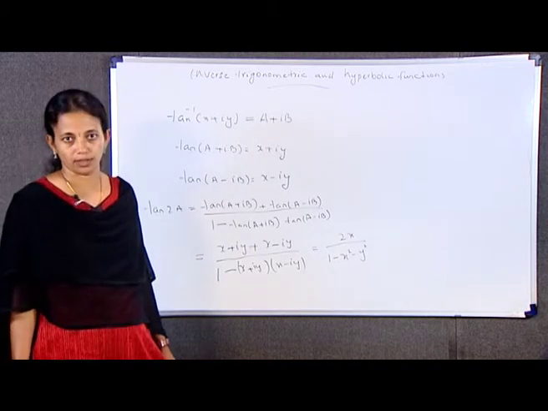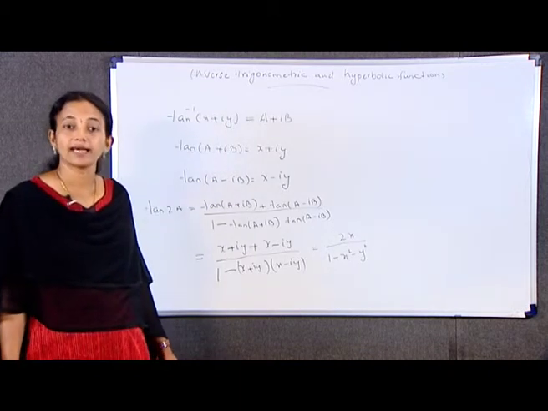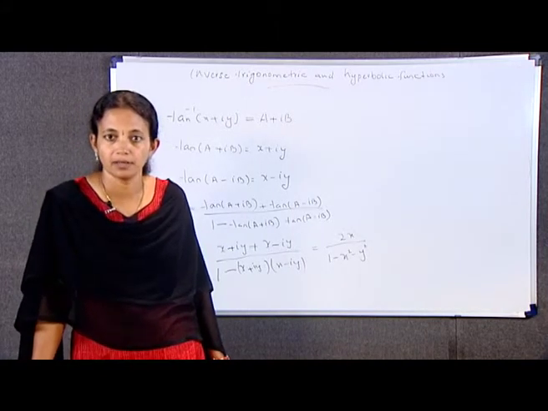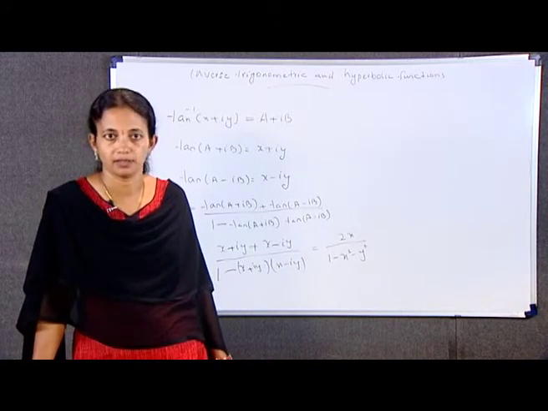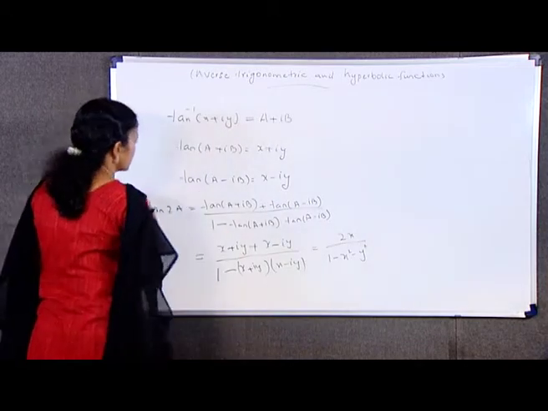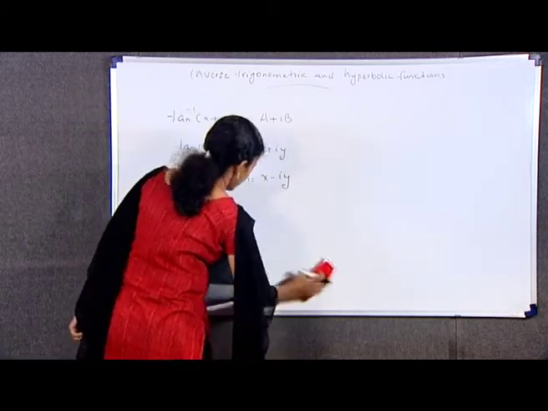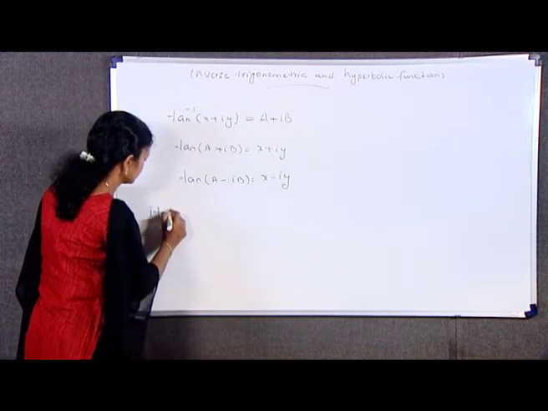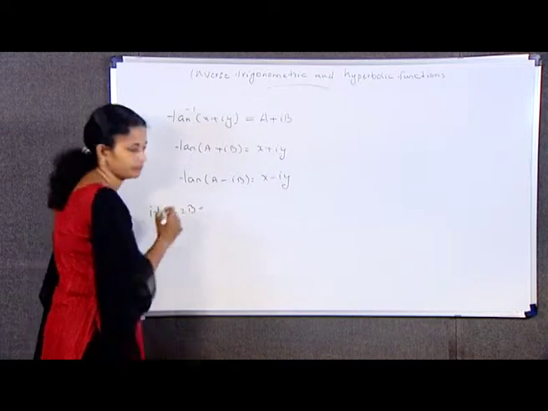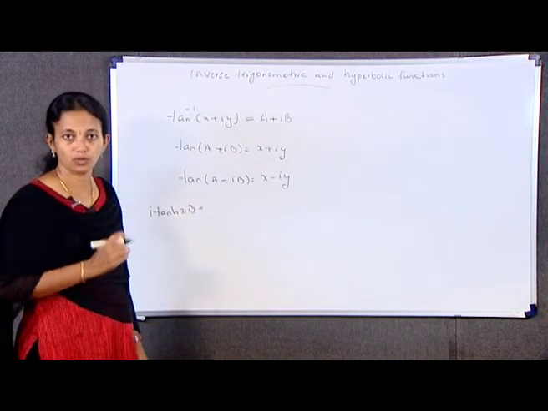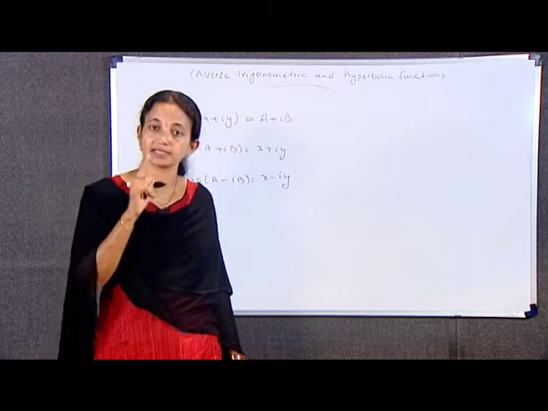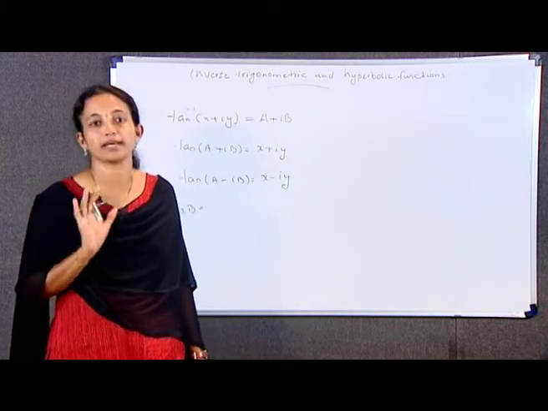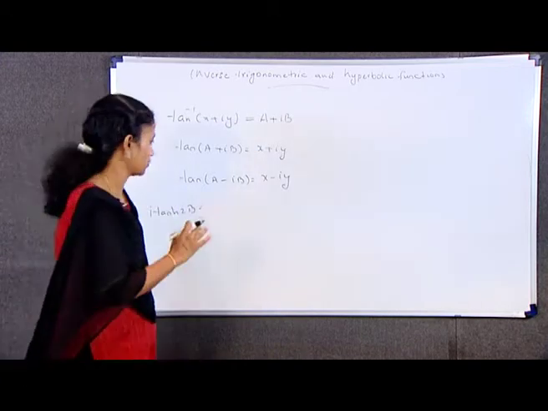Similarly, tanh 2b is equal to tan(a+ib) minus tan(a−ib) by 1 plus tan(a+ib) into tan(a−ib).